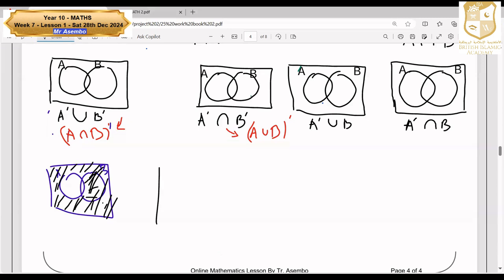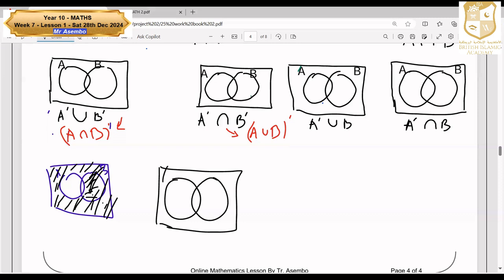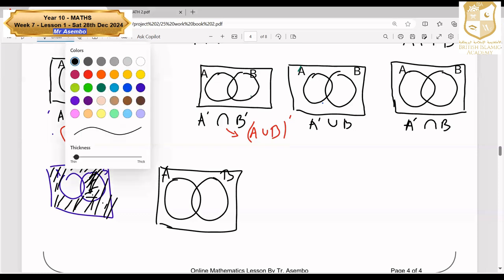Now, let me present B complement. Remember, it has to reach up here. Now, this is our set A, and this is our set B. The B complement is every member that's not in B. So we shade everything that is not in B. This time we use the blue here.